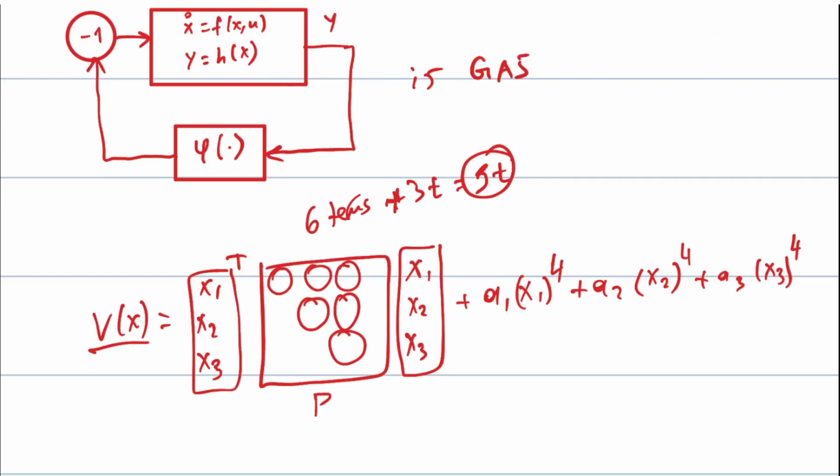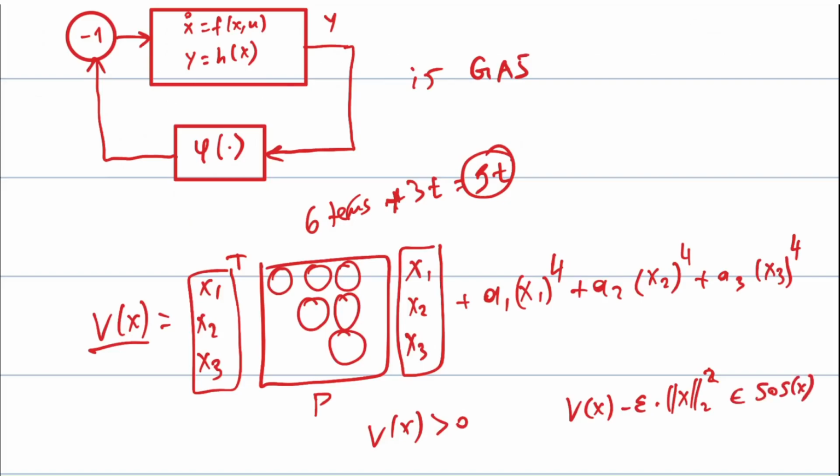All right, let's go back to MATLAB. For V of x to be a positive function, V of x minus epsilon, which is a small number, times x norm squared, is SOS of x.